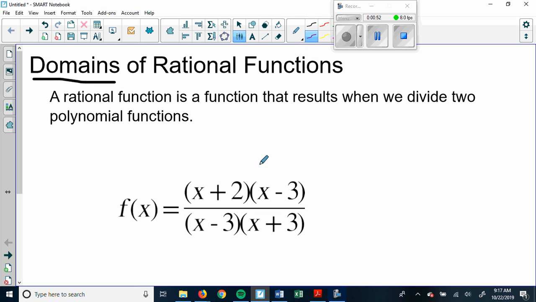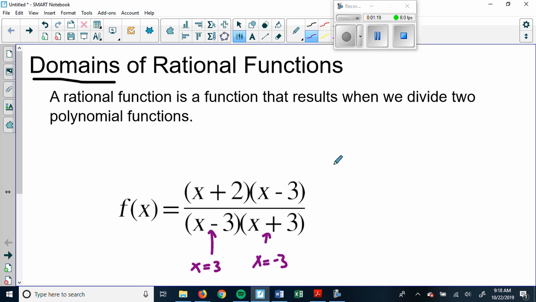Let's look at this and notice that when x equals 3 and when x equals -3, that's when the denominator equals 0. And so we can't divide by 0, so we have to exclude those from our domain.